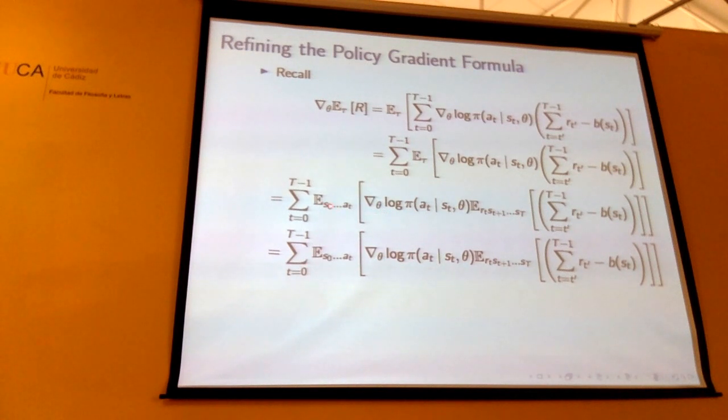And then inside of that, we take all the variables that happen after action sub t. We're just using the law of iterated expectations to break up the expectation. Obviously we can pull this term out, since it doesn't depend on any of those variables from the future. We just move the expectations around.